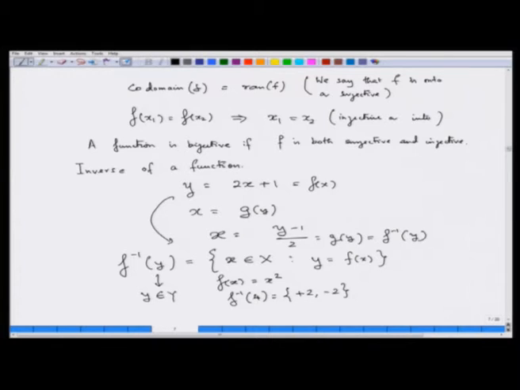One input is giving me 2 outputs. So, f inverse need not be a function in general. When f inverse is a function, we say that the function is invertible, like the one we have just done, and then we can say that the function has an inverse. So, f is invertible when f inverse is a function.